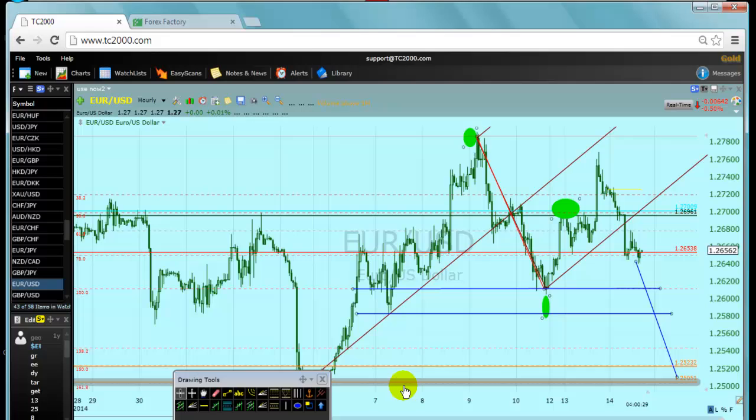The zone between the 150 and the 161% Fibonacci extension zone is what we call the oversold zone if the financial instrument was going down fast. On the contrary, if the financial instrument is going up and the price rallies into the zone of 150 and 161% Fibonacci retracement zone, that's what we call the overbought zone.